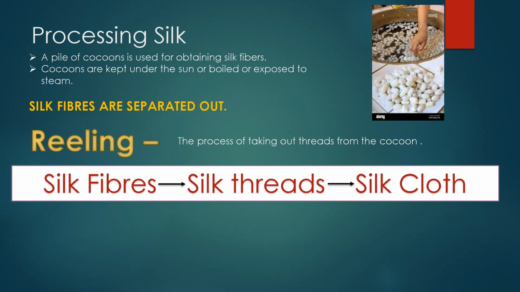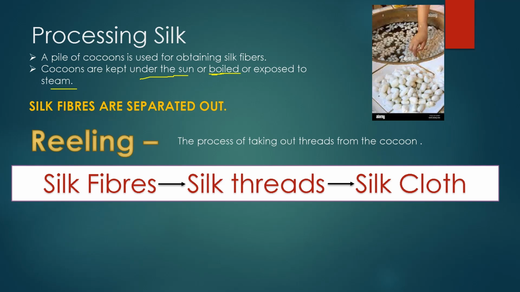Now, when we get the cocoons, we process the silk. We take the pile of cocoons for obtaining silk fiber, and they are kept under the sun, boiled, or exposed to steam. We give them a lot of heat, by sun, in boiled water, or with steam.